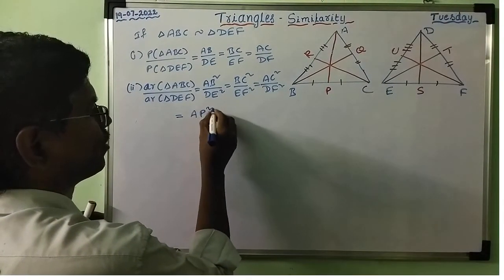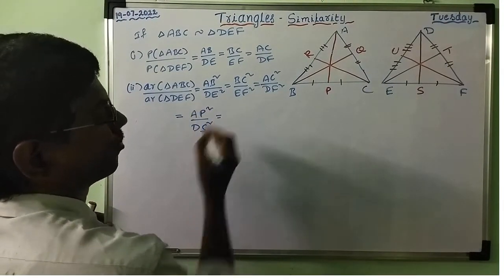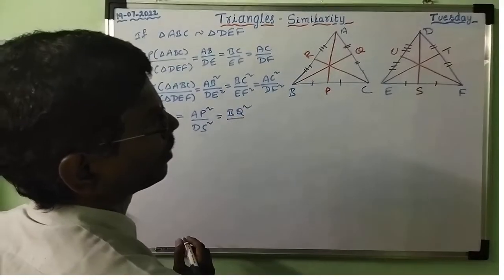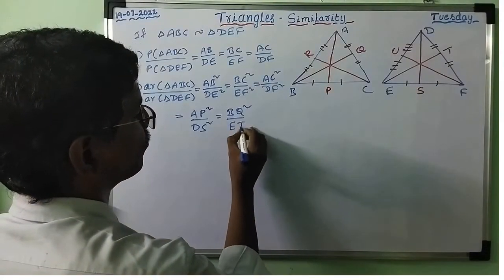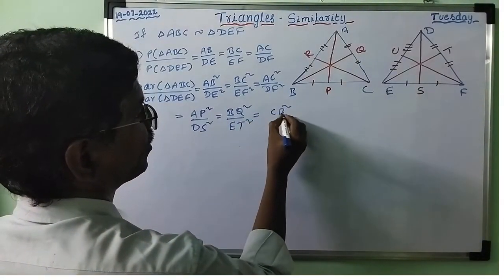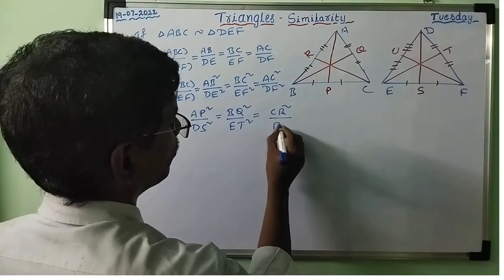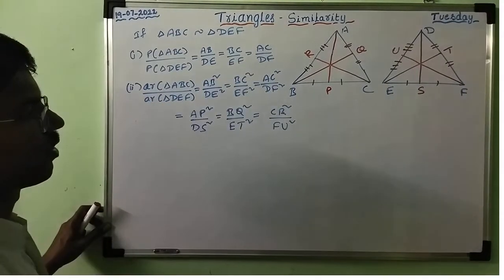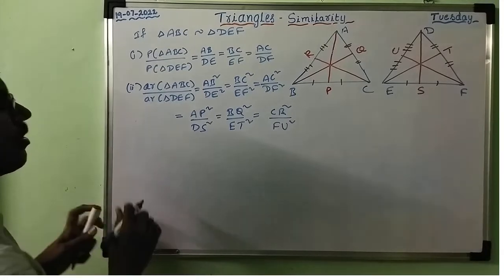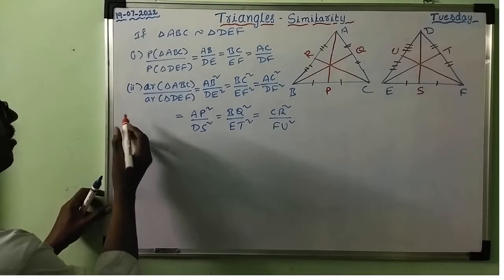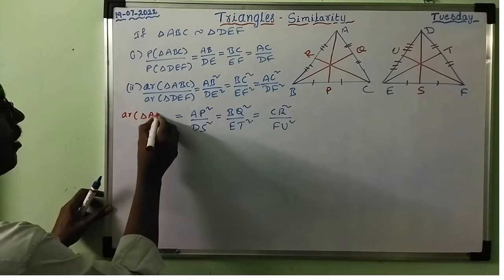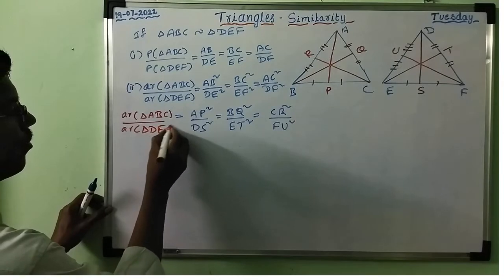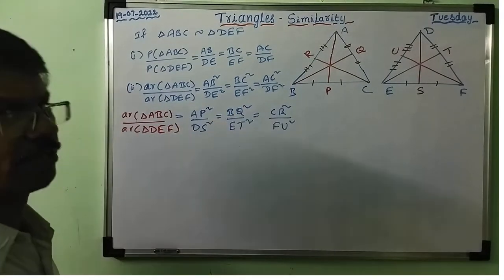Otherwise we can write AP square by DS square, that is equal to BQ square by ET square, that is equal to CR square by FU square. So here areas ratio is equal to the ratio of squares of corresponding sides. Not only that, the areas ratio is equal to the ratio of squares of corresponding medians also. Area of triangle ABC by area of triangle DEF is equal to the ratio of squares of corresponding medians also.